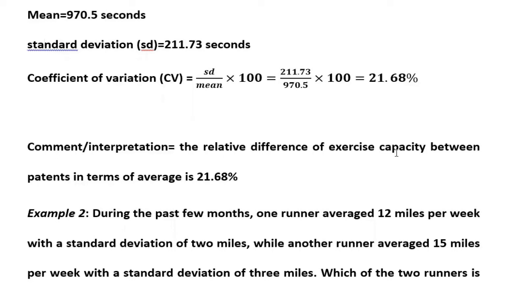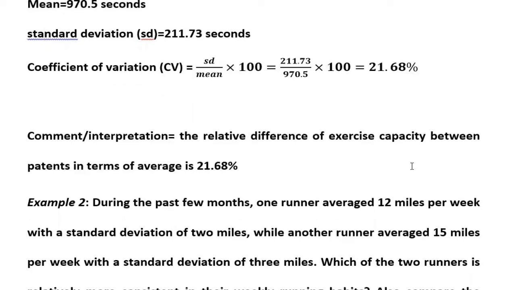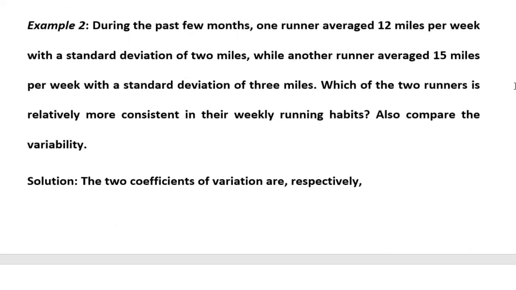It will be more interesting when we compare two groups. Then you can understand which group is more similar or more consistent than the other. Here, two runners are given. One runner's average run is 12 miles per week with a standard deviation of 2 miles, and another runner's average running per week is 15 miles with a standard deviation of 3 miles.